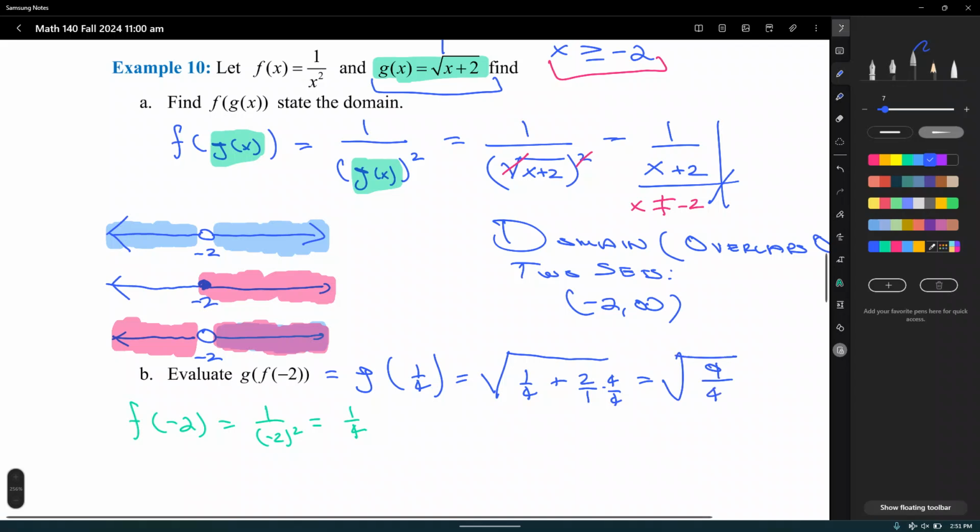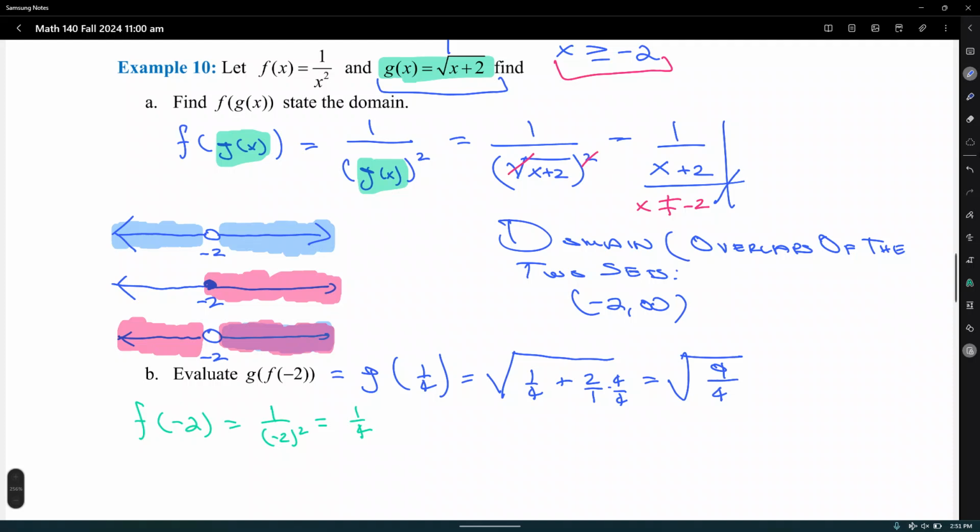And the nice thing about this, both numbers happen to be perfect squares. Remember from day one when we evaluate our radicals, we take the square root of the numerator, which is root of 9, which is 3. Take the square root of the denominator, which is the square root of 4, which equals 2. All right, and that's our final answer.